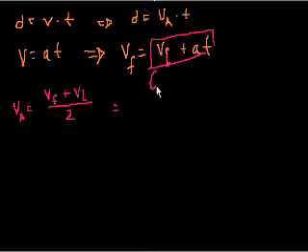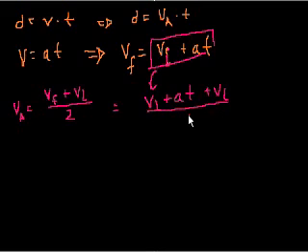So we'll just substitute. So we have the initial velocity plus acceleration times time plus the initial velocity. These are all I's for initial velocity. It looks like a 2, but I think you get the idea. That's all initial velocity. All of that over 2.